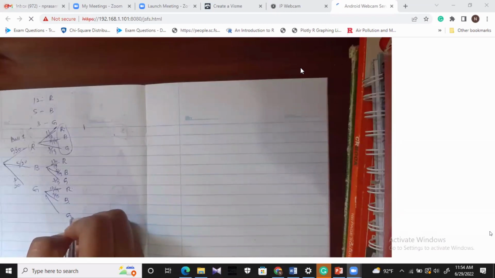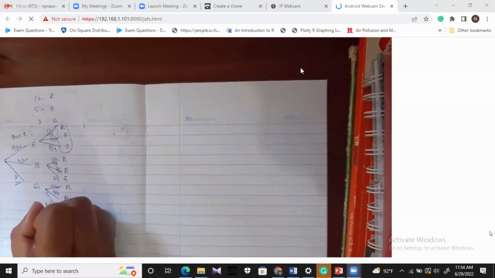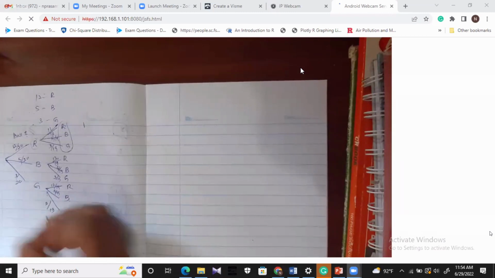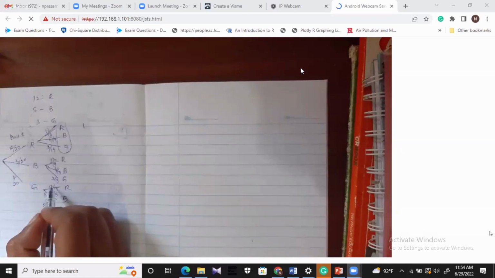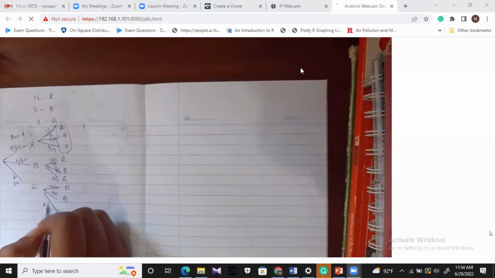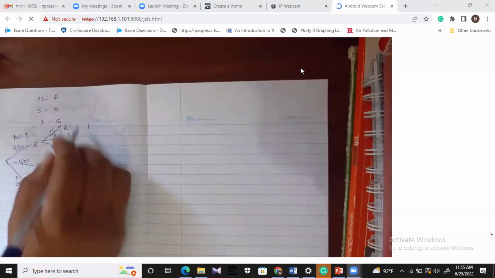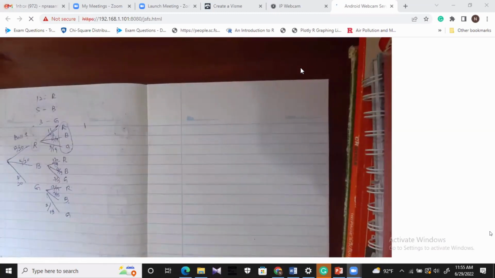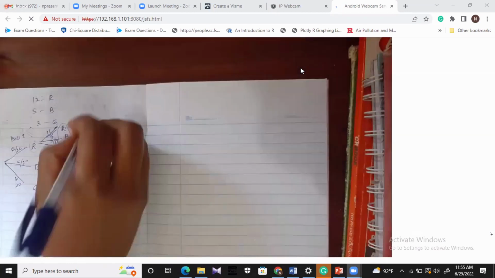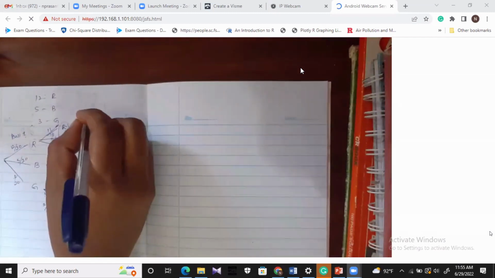Yes, there are only 2 out of 19. If you add these three probabilities, 12 plus 5 is 17, 17 plus 2 is 19, 19 over 19 is 1. That means we have put these associated probabilities correctly in the tree diagram. So we are done constructing the tree diagram. Now we need to list all the possible outcomes.